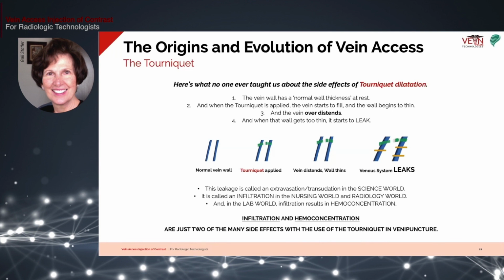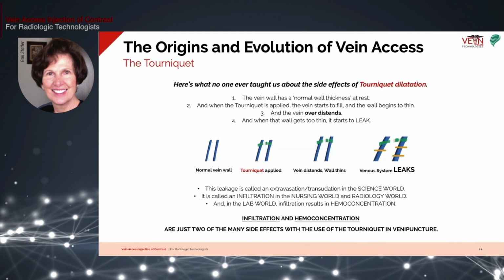And that leakage in the science world is called an extravasate or a transudate. In the nursing world and the radiology world, that leakage is called an infiltrate. We've all heard that, we've all seen that. But that's where it starts, the split second the tourniquet's put on.